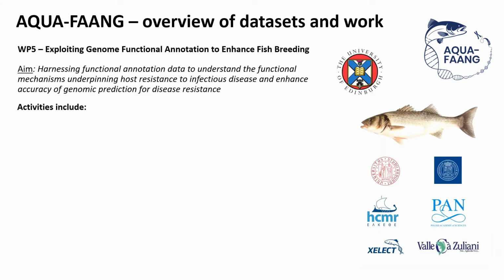AQUA-FAANG also has a work package that's targeted at exploitation of functional annotation data with the aim to understand the mechanisms underpinning disease resistance and enhance the accuracy of genomic prediction for disease resistance. There's a lot of activity in this work package, which is being led from the Roslin Institute by my colleague Ross Houston.